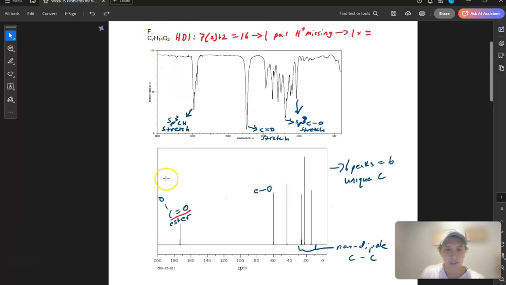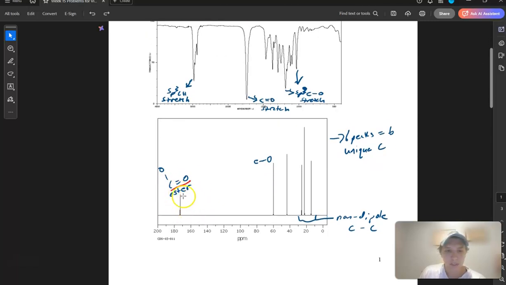There's no nitrogen in our formula. So I'm pretty keyed in for an ester here. And then you continue on past the 100 part per million mark. We start looking at our sp3 tetrahedral portion. See at 60 the peak for tetrahedral CO bond.